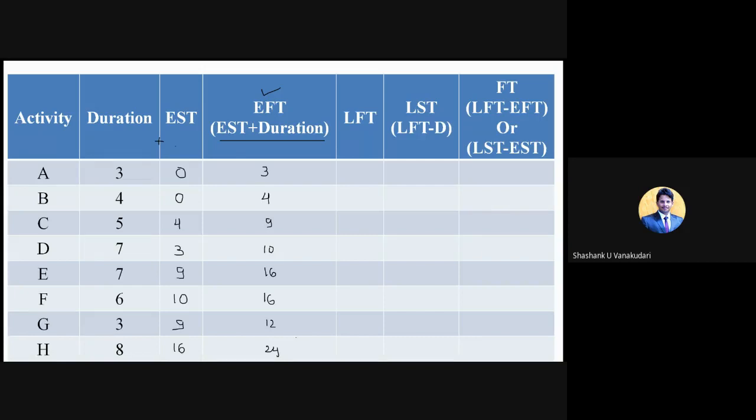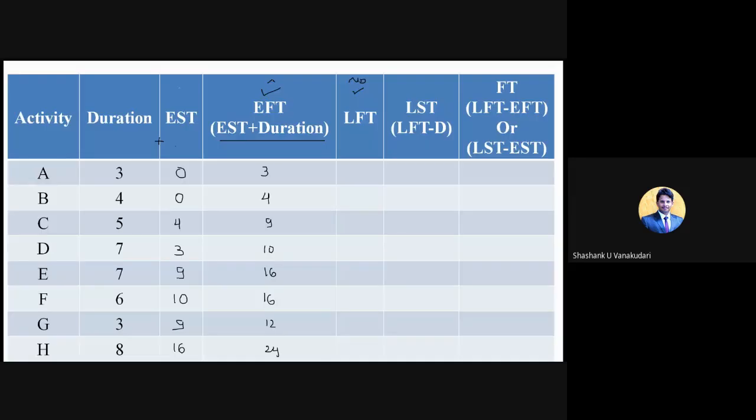Now this LFT value you need to find out by using the network diagram. So again, you need to go back to the network diagram. This one is from the table, and this one you need to find out from the network diagram.